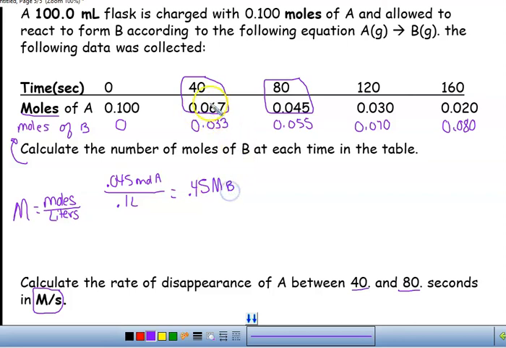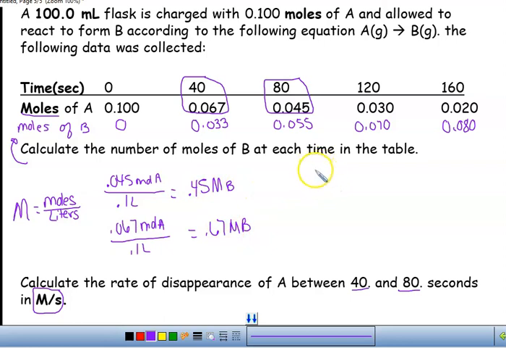Hopefully you can see it's going to do the same thing on that one, but I'll go ahead and do it here. Okay, so now that's the molarity of B.